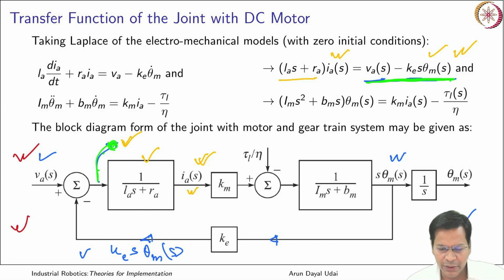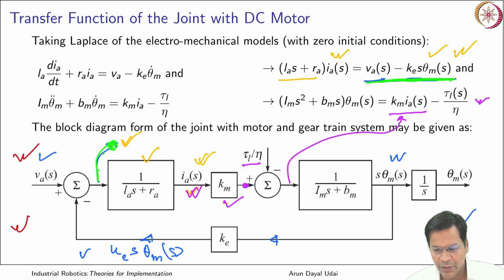Now let us see the model which is coming next. K_m into I_a(s) is getting here, minus tau_L by eta. So K_m I_a(s) minus tau_L by eta is now coming here. So this signal is this one from here to here.